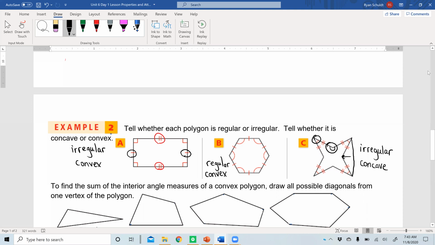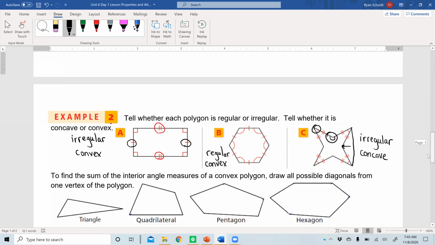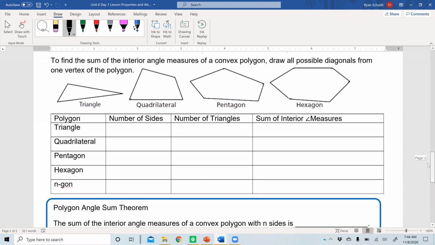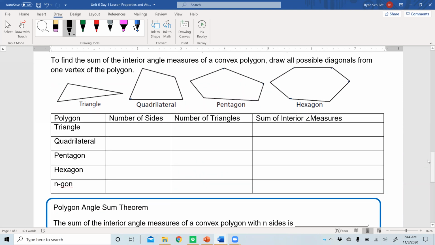Okay, so this is geometry, so we still have to deal with angles here to find the sum of the interior angle measures of a convex polygon. Notice we're saying convex, not concave.